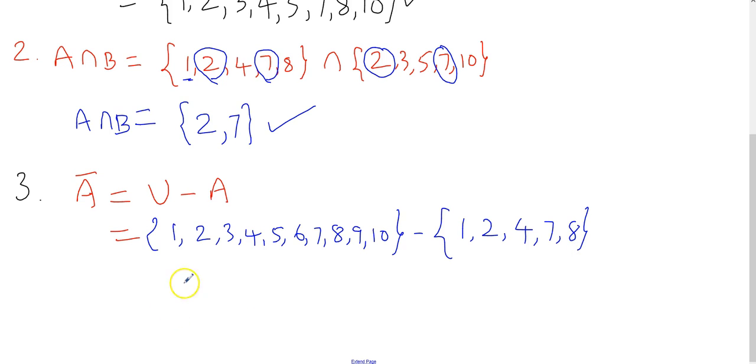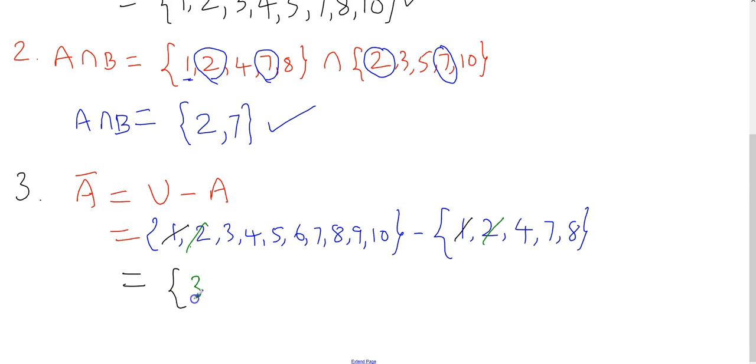So when we subtract, we take only the elements of the first set which are not present in the second set. That's how the subtraction takes place. So 1 is there in the universal set and A. I'll cancel out that 1. And 2 is gone.